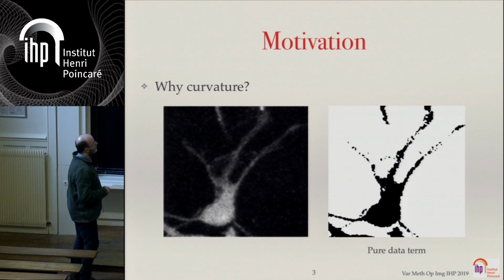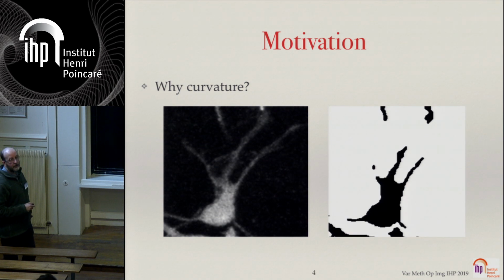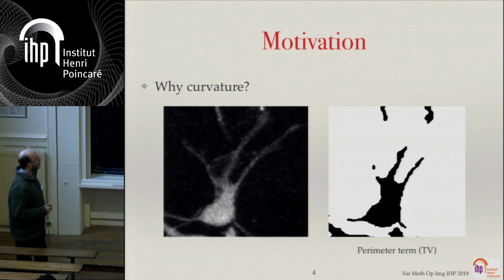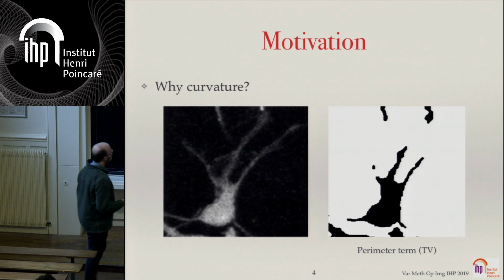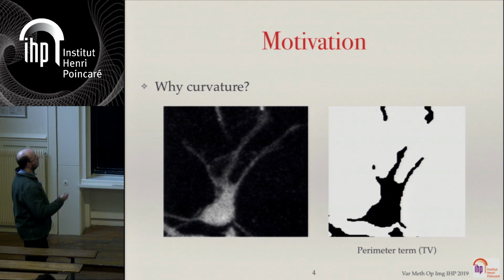Now the regularization we all use and love in image processing is the TV, or a variation of it, and that's the perimeter term. If we use that term, of course, thin, elongated objects are penalized a great deal because they have lots of contours, and so the result is certainly regularized, but it's not what we want.